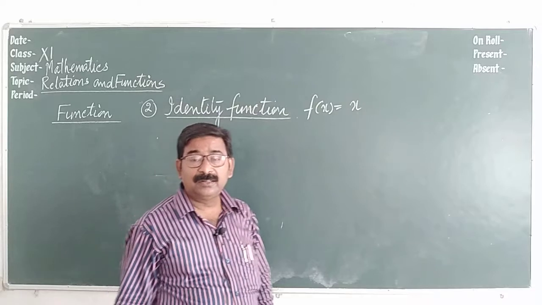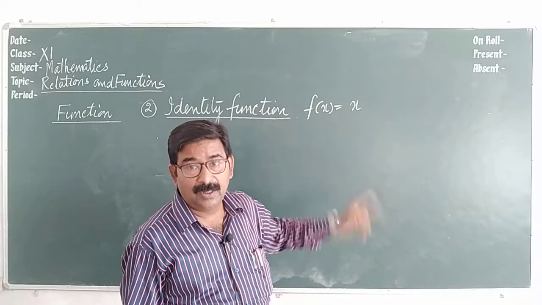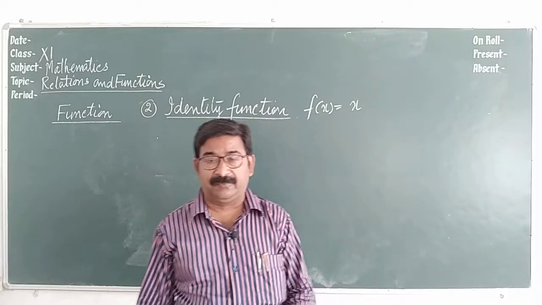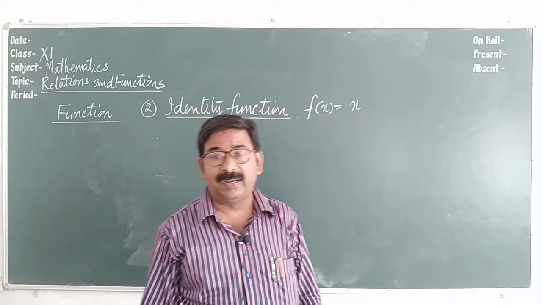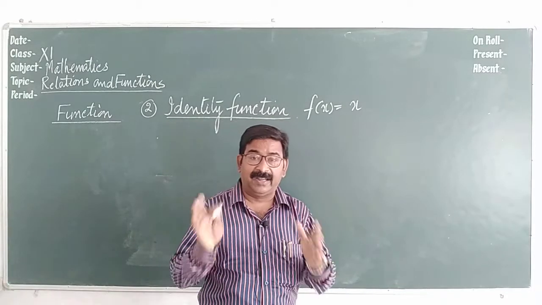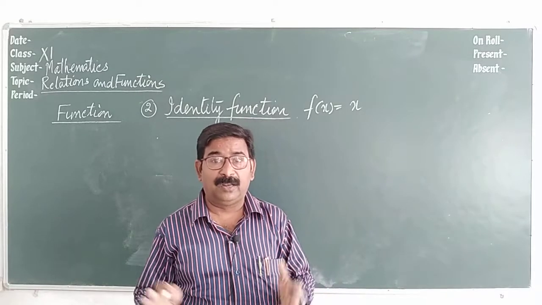Now let's see what type of identity function this is. I have told what the domain and range of an identity function are. What is the domain and range of an identity function? Let's see. We will plot the graph and clearly you will be able to know what the domain and what the range is.